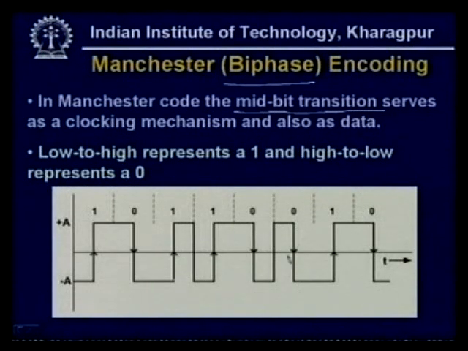So the number of transitions is more for consecutive ones and consecutive zeros. However, when you have alternating zeros and ones, the number of transitions is 1 per bit. However, you have enough transitions. This is Manchester encoding, where the signal levels are represented by transitions, essentially from high to low or low to high in the middle bit position.